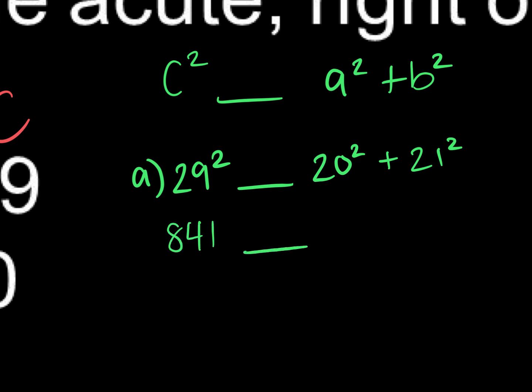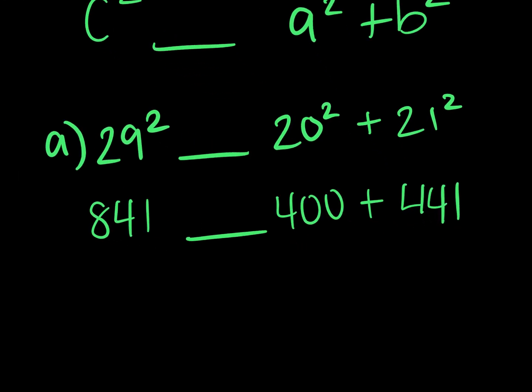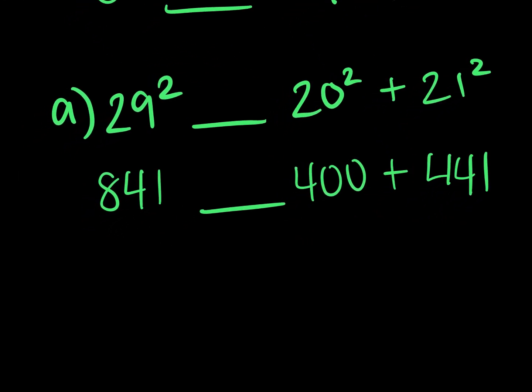What's 20 squared? 400. And what's 21 squared? 441. What do you get when you add 400 and 441? So 841 and 841. How are these 2 numbers related? They're equal. If A squared plus B squared equals C squared, what kind of triangle do we have? Right. It's a right triangle.